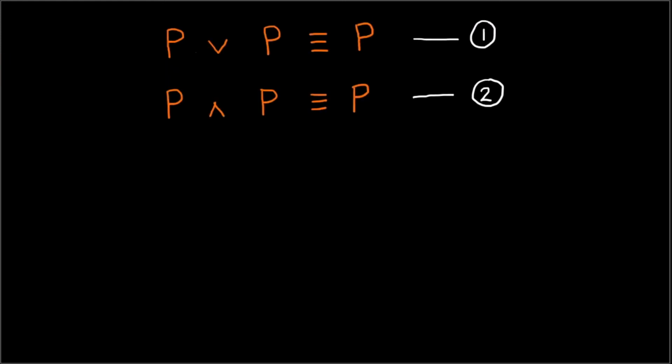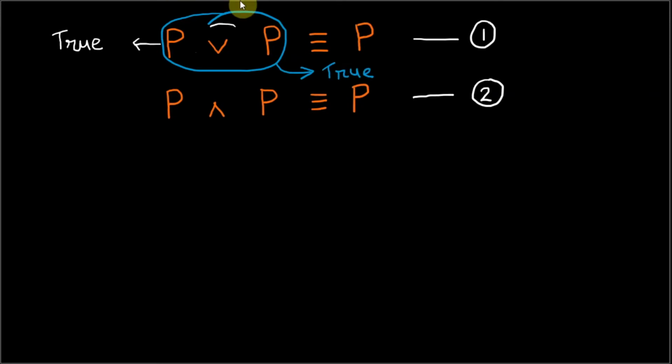For the first equivalence, let the truth value for P be true, then P or P is true. The rule of disjunction says that if one statement is true in a compound proposition, the truth value of the compound proposition is true.